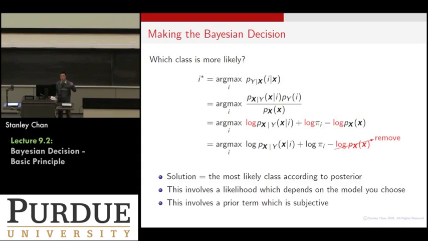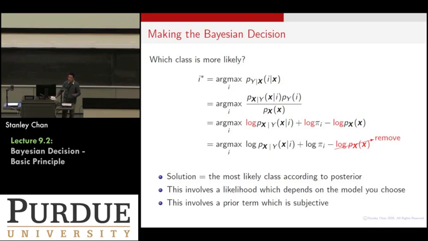So you're asking a posterior question: what class will give me the maximum probability? In other words, you are trying to find a class i that maximizes this posterior probability. Once you can maximize this posterior probability, you have found one decision rule.